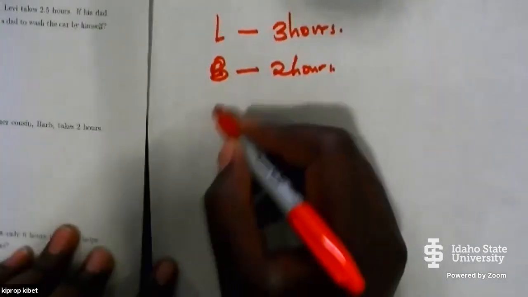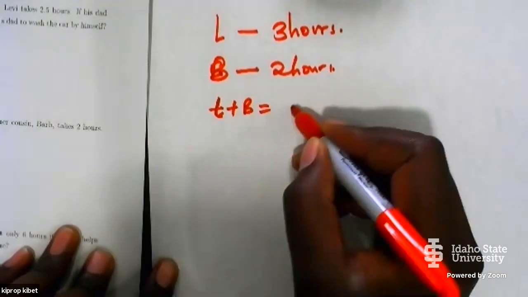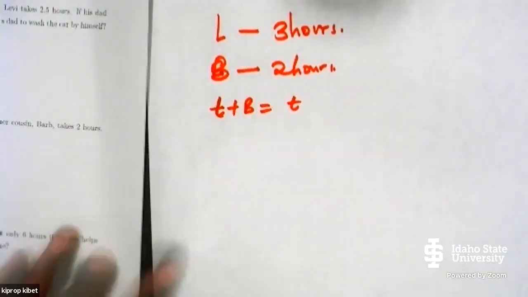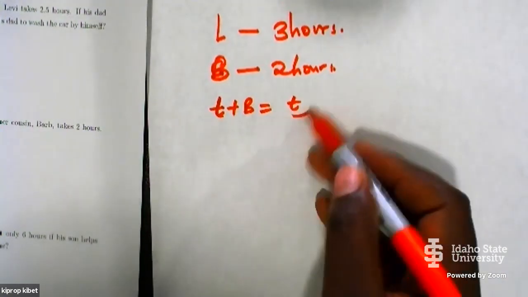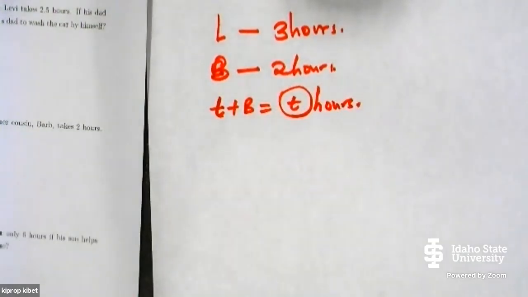So we can take L plus B to be equals to what? Time, which is what? T there. So it will take T hours for them to work together.